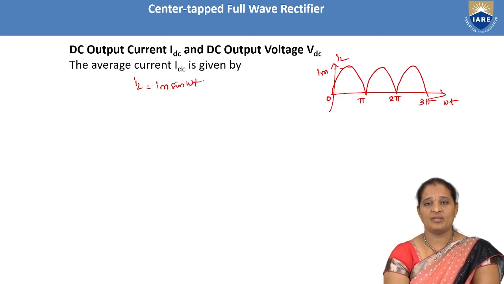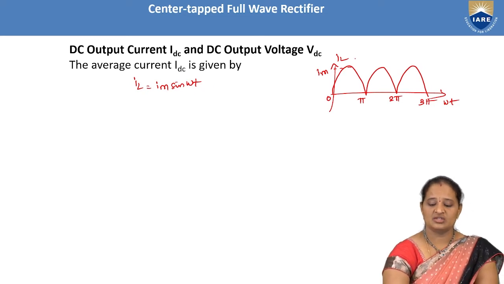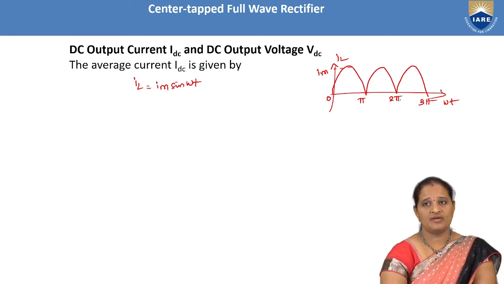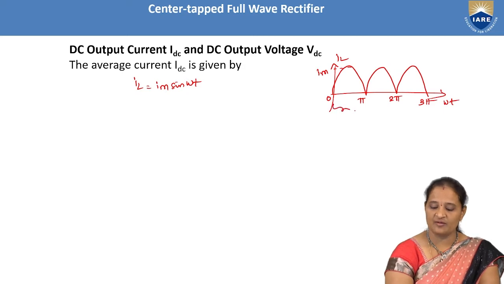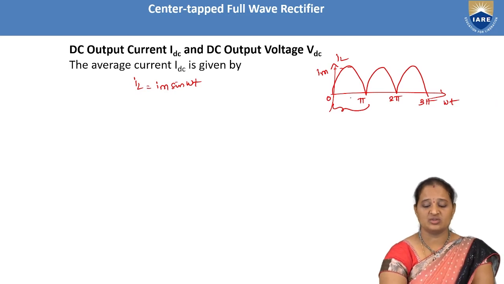Im sin omega t. So this is happening for both 0 to pi and also for pi to 2 pi. So that is why, if you find the average value for the curve from the limits 0 to pi, it is enough because it is repeating. There is no change in the waveform for the next half cycle of input.